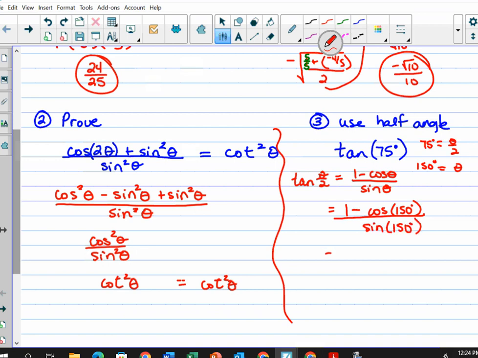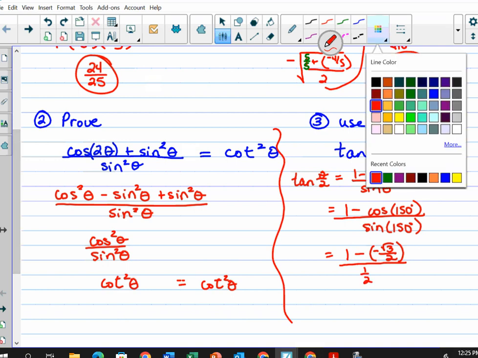All right, what is the cosine of 150 degrees? It's like the cosine of 5 pi over 6, guys. Yes, negative though, right? Okay, and what is the sine at 150 degrees? 1 over 2.